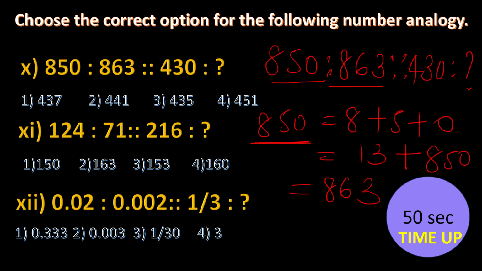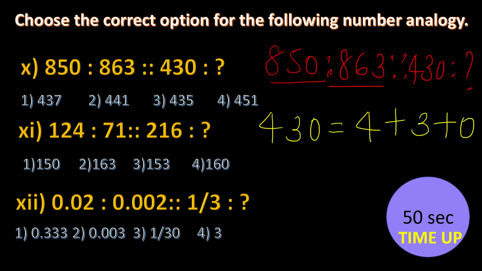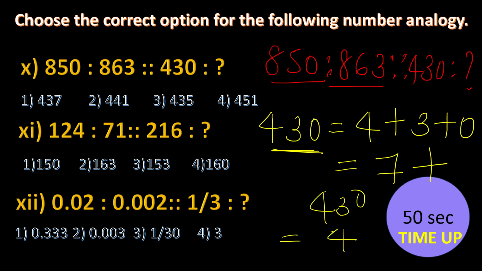This is the logic. Now we will do the same thing for 430. 4 plus 3 plus 0 you will add, which will give you 7. 7 plus I will add the same number, that is 430, which will give me 437. So 437 is the correct one.